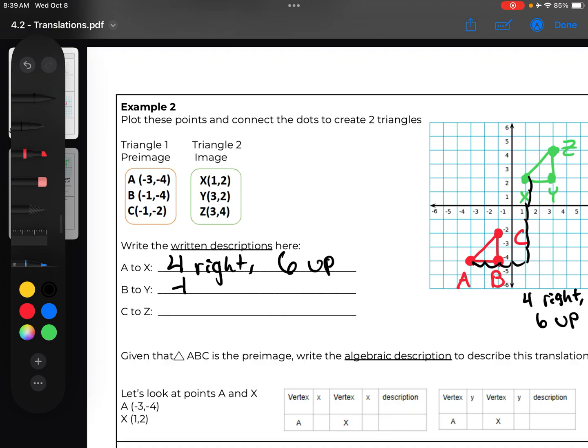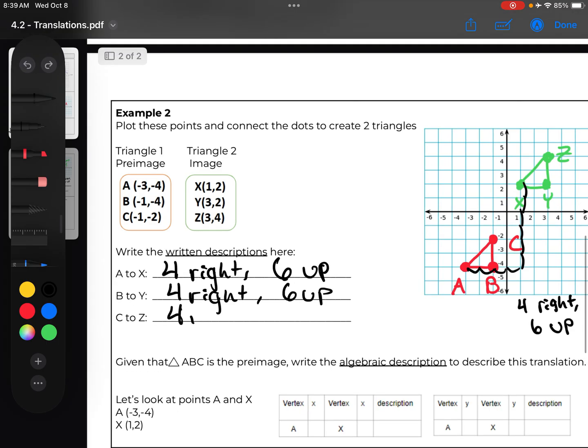So every single point in a translation is going to do that same exact movement. 4 right and 6 up. So we can write that for every single other point. If you don't believe me, you can count it out and see. But it does do that.